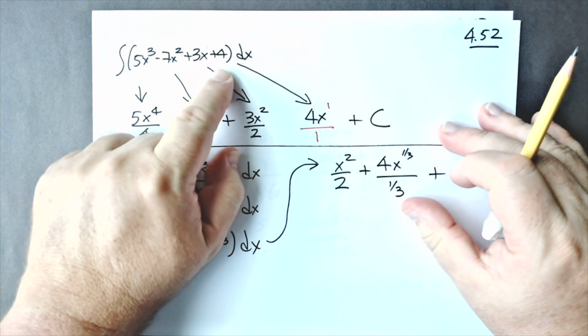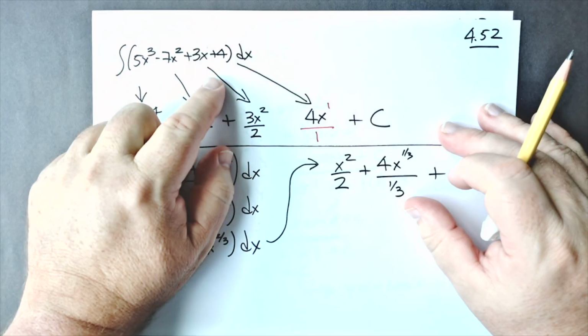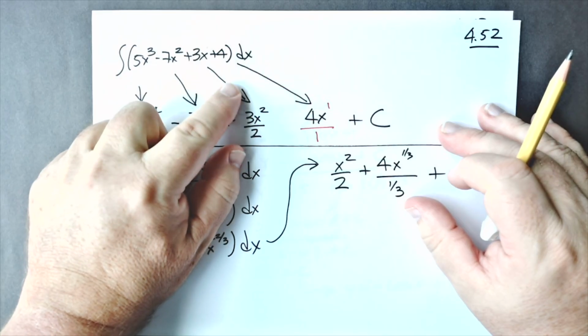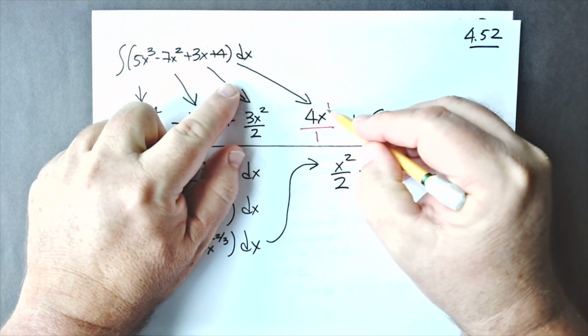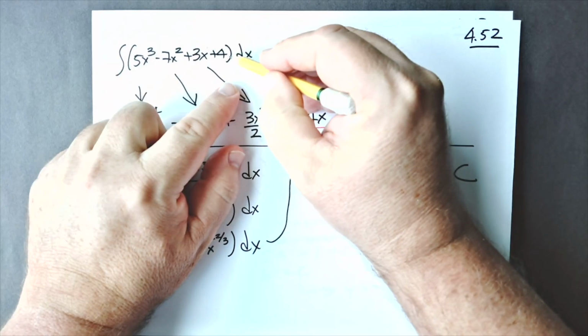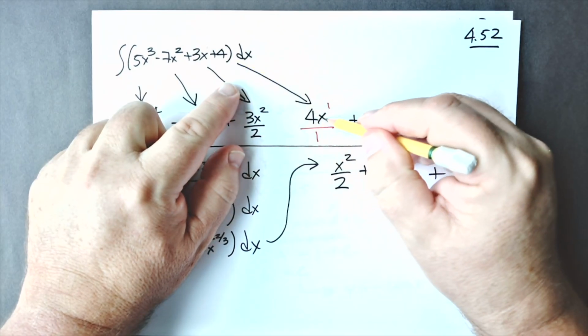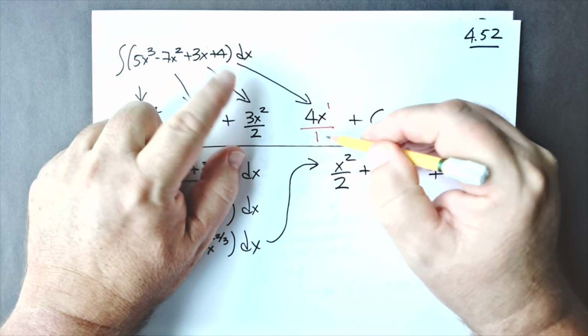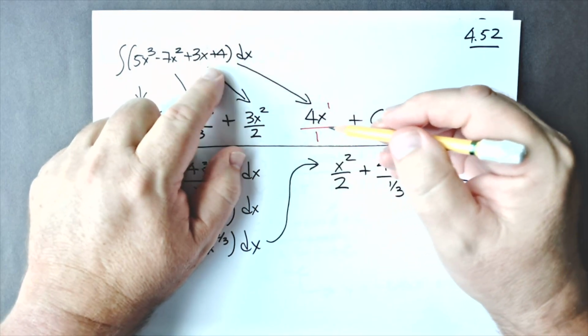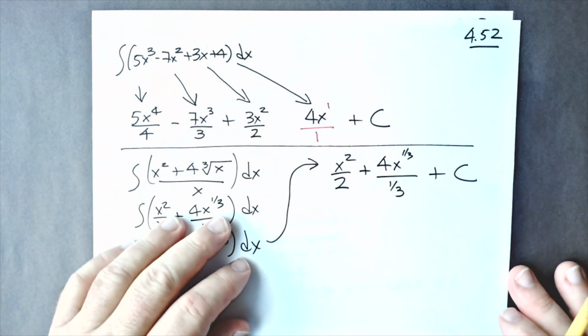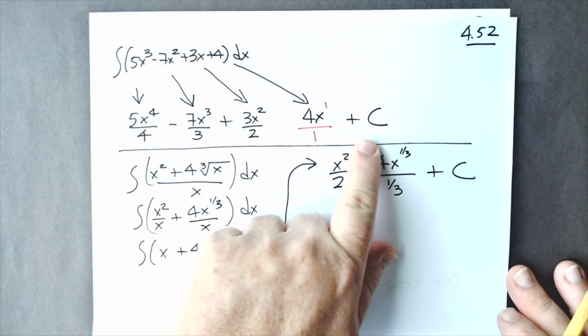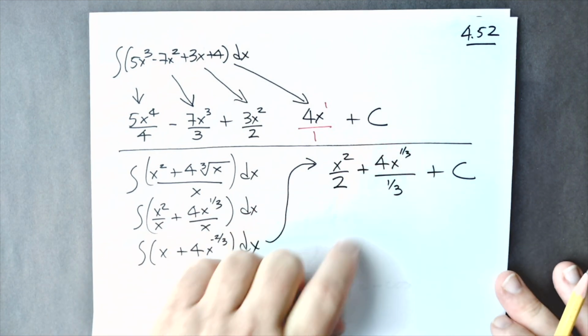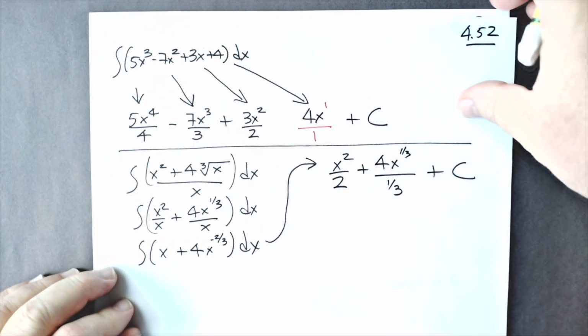And 4, remember the first rule I said was if you just have a number, it's just the number times x. But remember, this is really x to the 0 power. So this becomes 4x to the 1st over 1. We don't write that, but that's where that rule comes from. It's just a variation of the power rule. And the ubiquitous plus c, the required and ubiquitous plus c.